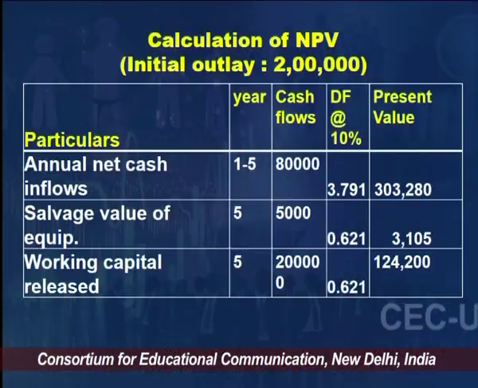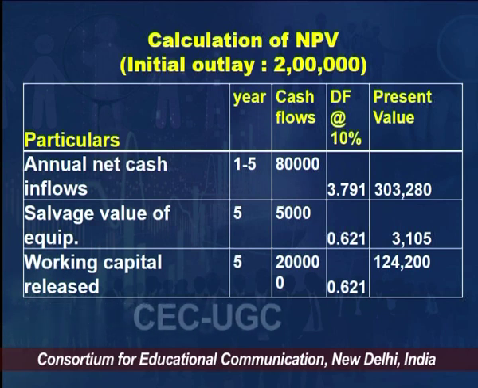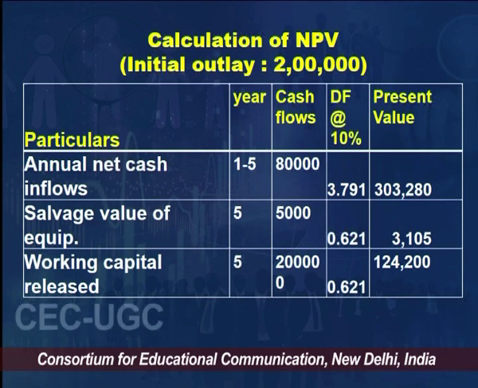So, let us now have a look at how we would solve this problem. The calculation of NPV. So, just ignore this initial outflow of 200,000. This is not required to be referred to here. This is additional information which must be ignored. So, please ignore that, just refer to the table which I am showing you here.